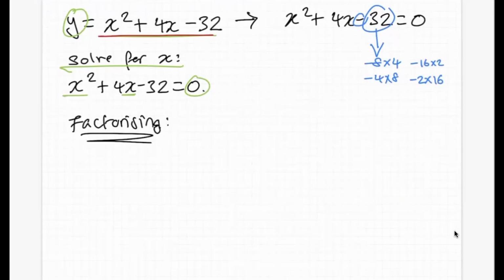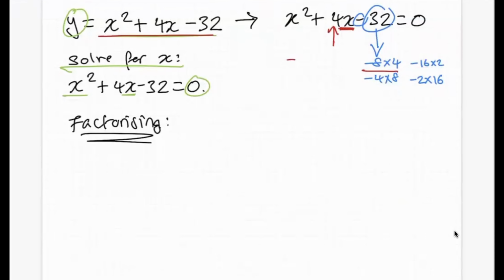Now we need to pick one of these sets, because only one of them will do, that when we add the 2 numbers together in each set, it's going to give our number in front of the x here, not the x squared, in front of the x. So which of these 4 sets of numbers actually add together to give 4?